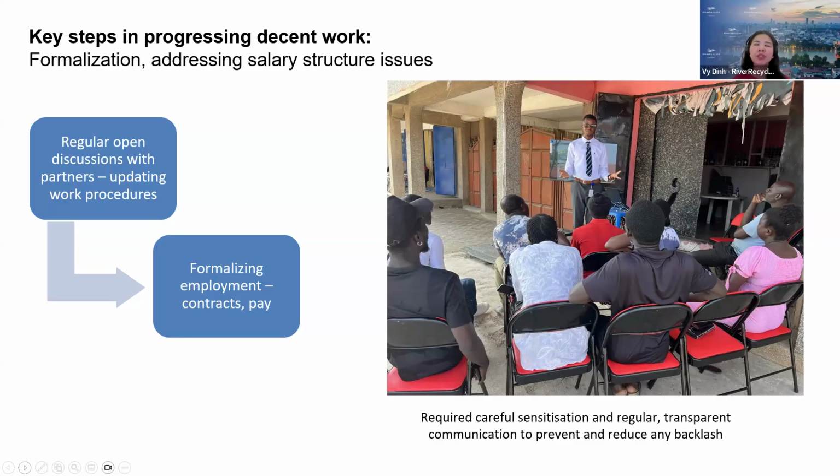So we came up with a salary restructuring plan where we added a transportation compensation, which is actually tax-free under Ghanaian law. That would match our workers' take-home income from before the formalization. So that helps with the transition.